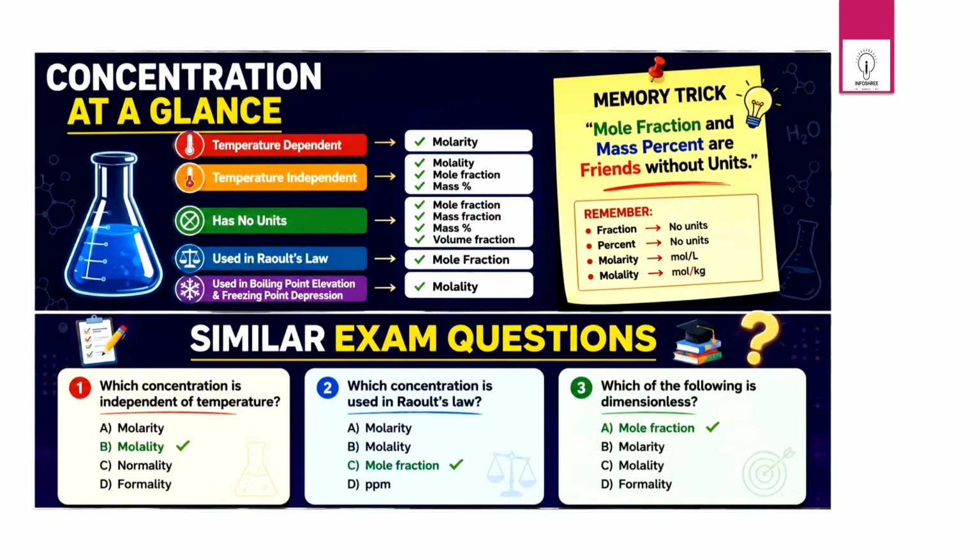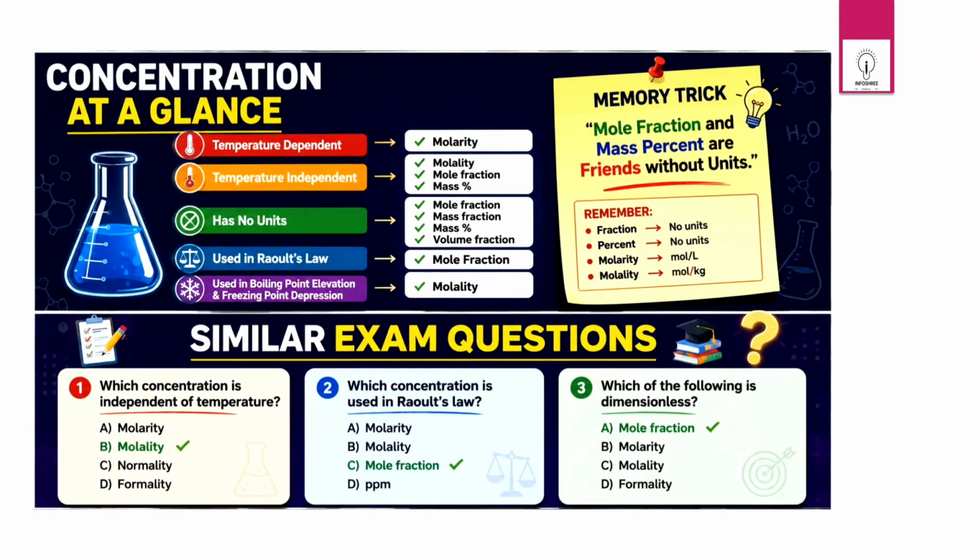The basic and important question they may ask in KSET exams or in any other exams is which concentration is used in Raoult's law. Mole fraction is used in Raoult's law. Okay. What is Raoult's law? These basic laws are there.